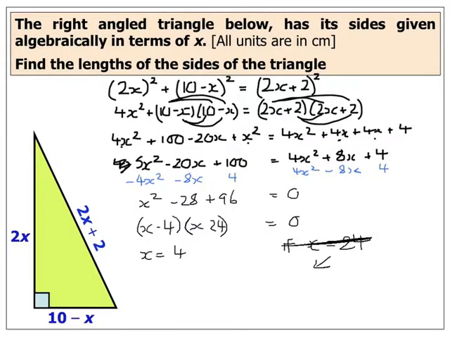So that answer doesn't make any sense, so cross that one out. And then if x is 4, we've got 10 take away x. So the side lengths would be, 10 take away x would be 6. The other side length would be 2 lots of x, which would be 8. And this side length would be 2 lots of x, which is 8 plus 2, which is 10.